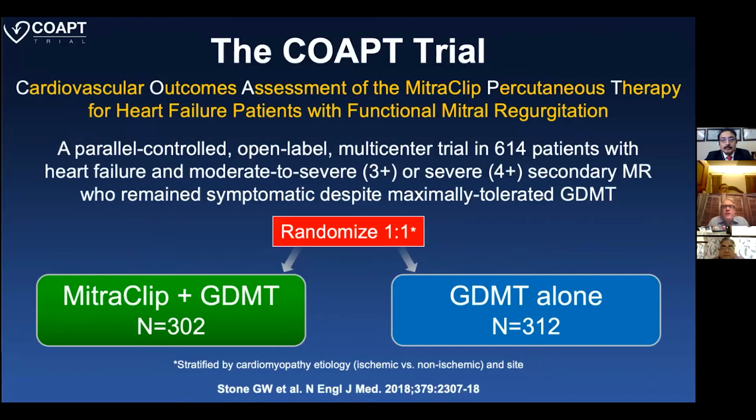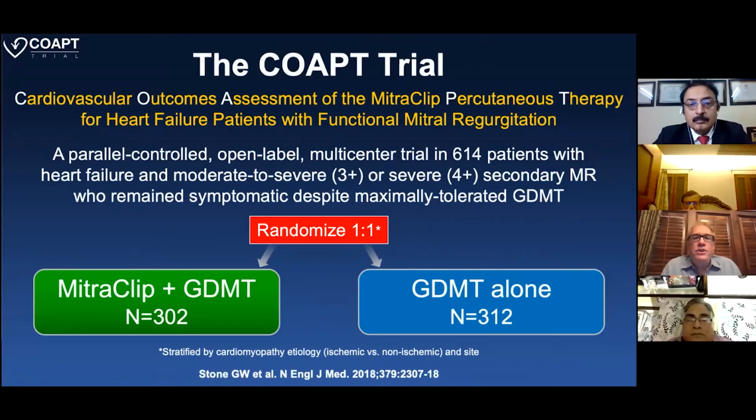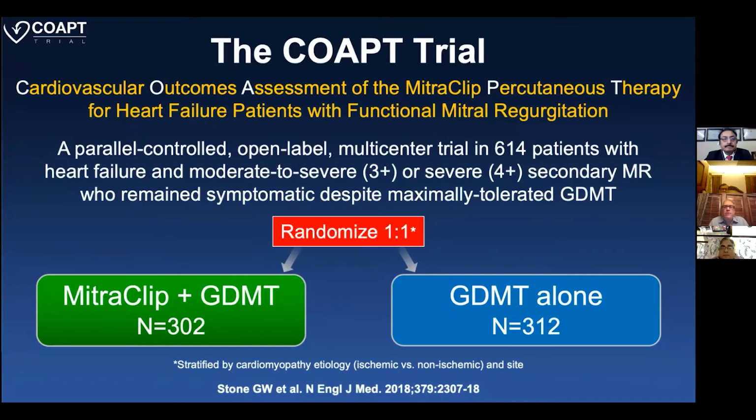So to see if the MitraClip could improve upon the outcomes of patients with functional mitral regurgitation due to left ventricular cardiomyopathy treated with a maximally tolerated guideline-directed medical therapy regimen, we performed the COAPT trial.